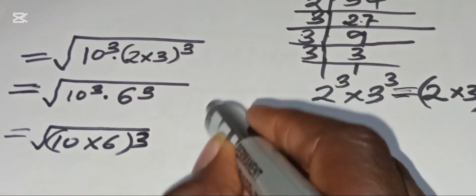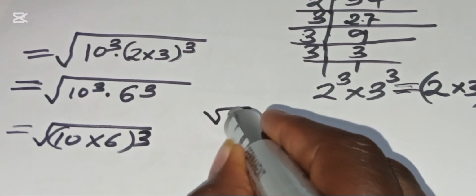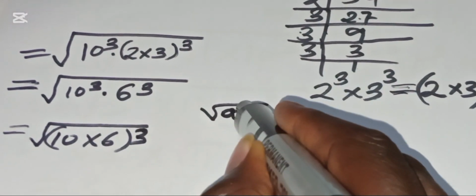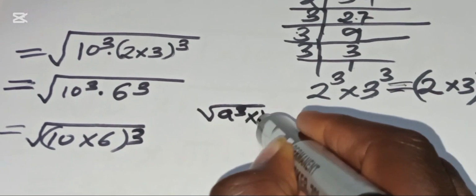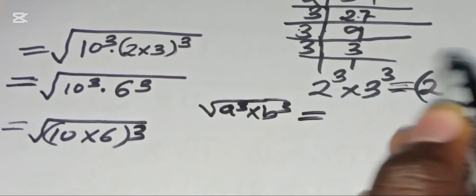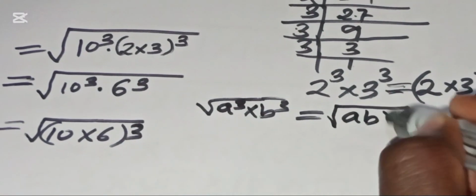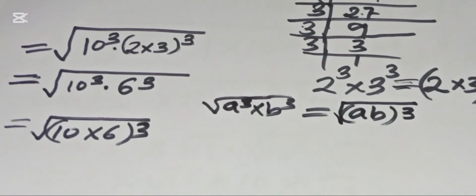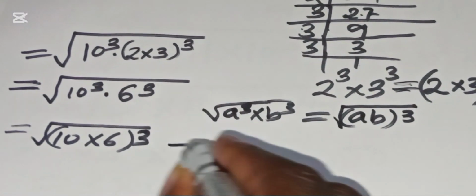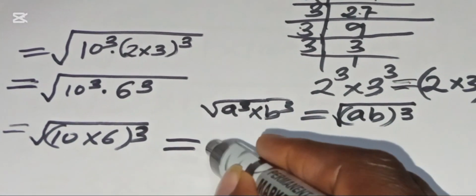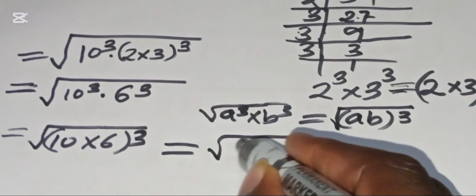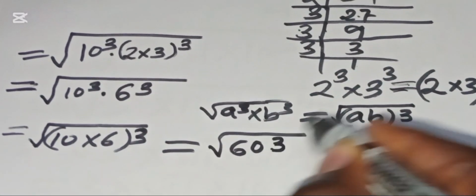If you have the square root of a cubed multiplied by b cubed, this is the same thing as the square root of ab cubed. So this is the same thing as the square root of 60 raised to power 3.